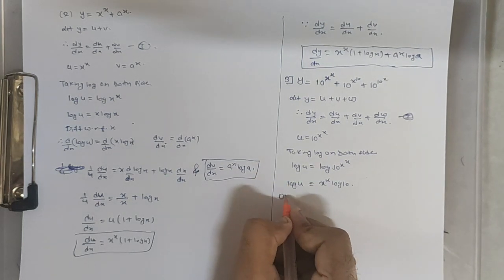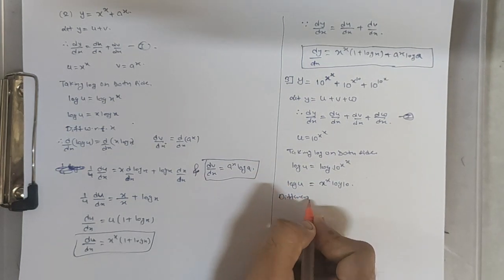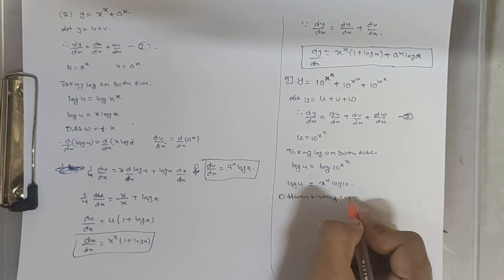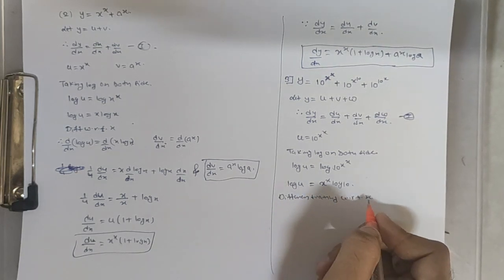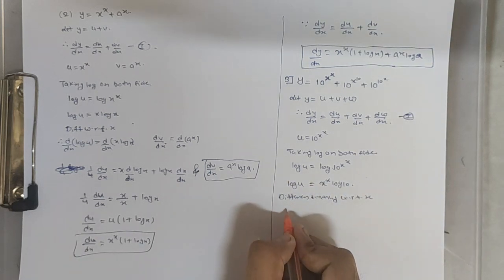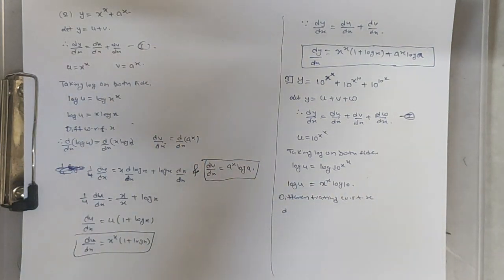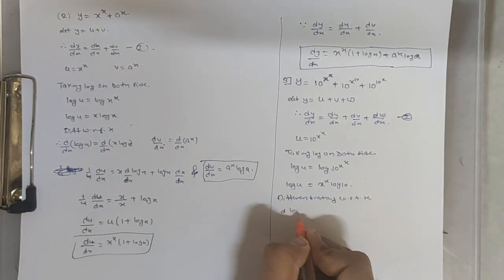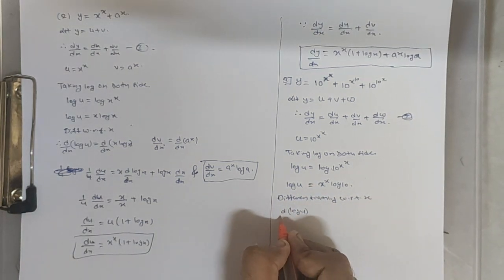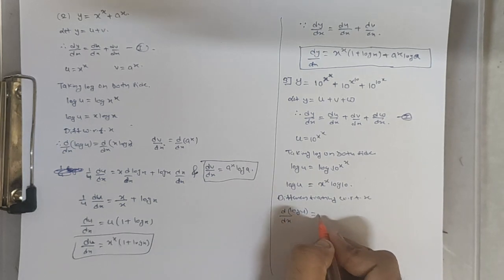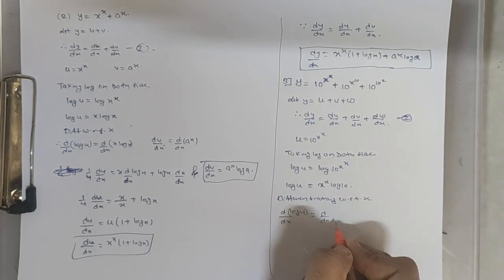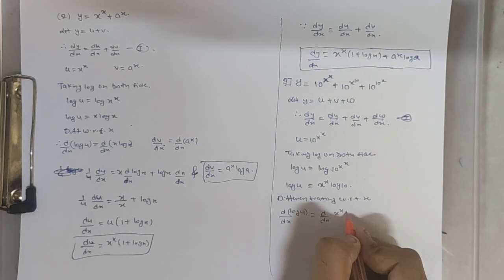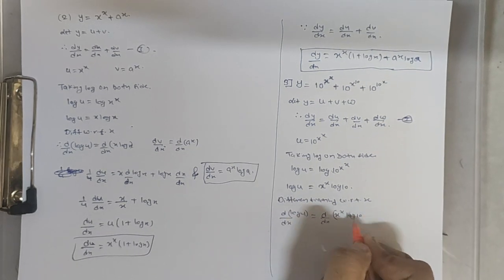Now differentiating with respect to x. So differentiation of log u with respect to x is equal to differentiation of the right hand side, which is x raised to x log 10.